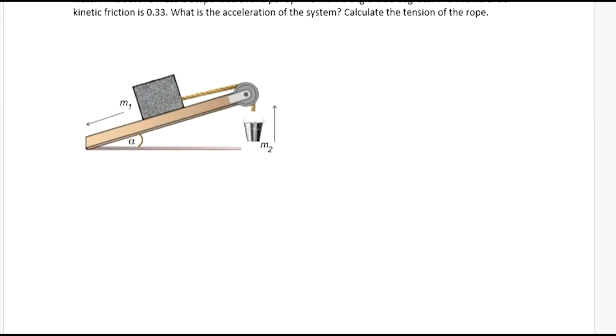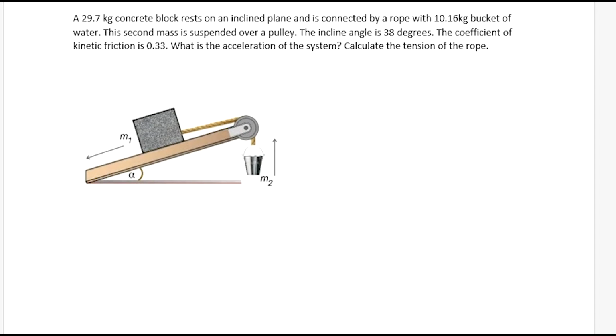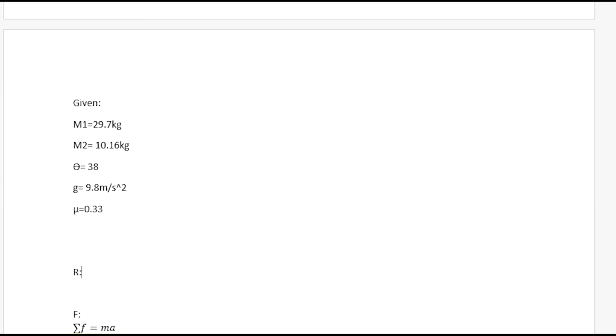Our gravity is supposed to be a lowercase g, so 9.8 meters per second squared. And our kinetic friction will be 0.33. Let us check if it is right. So 29.7 kilograms first mass, the second mass is 10.16 kilograms, right? And 38 degrees for the angle. Also kinetic friction is 0.33.